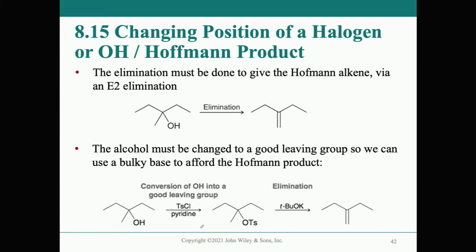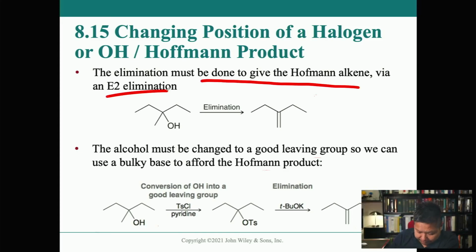Okay, so here we're doing an elimination, and it must be done to give a Hoffman alkene. The first thing we have to do is, I forgot this step, so this is important, and you should remember this step too: OH is not a good leaving group. But it turns out that the tosylate is, which is this guy right here.